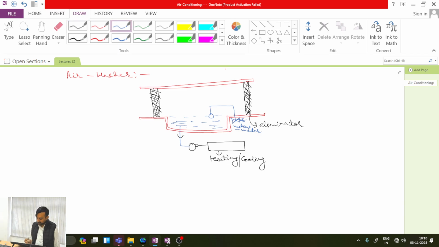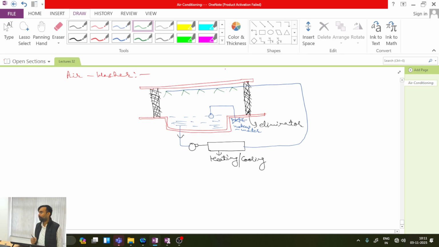And whatever water is coming from this, with the help of nozzles we create a water spray, a spray of water in the form of very fine droplets. Here you can see that these all represent fine sprays of water droplets. Is this clear?